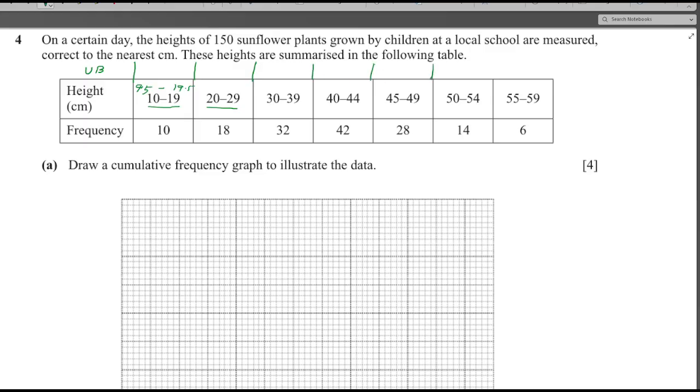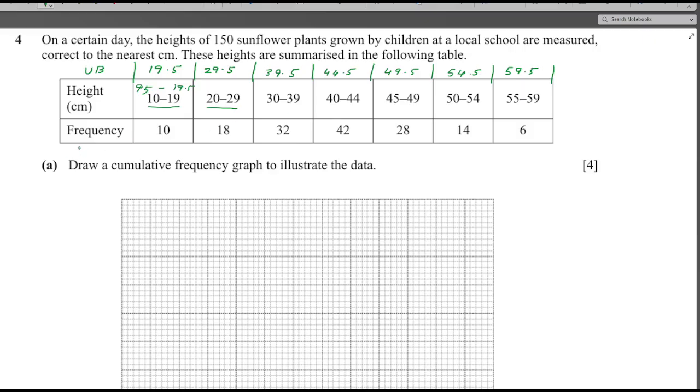So my upper bounds are 19.5, 29.5, then 39.5, then 44.5, 49.5, 54.5, and the last one is 59.5.